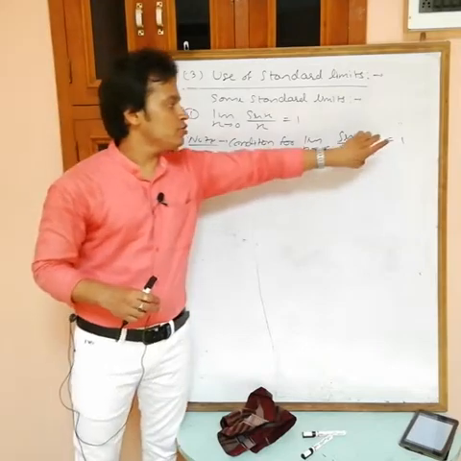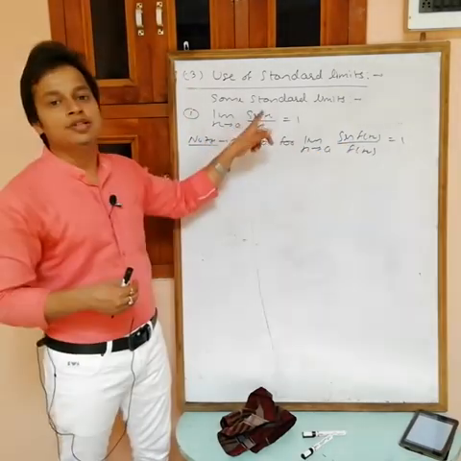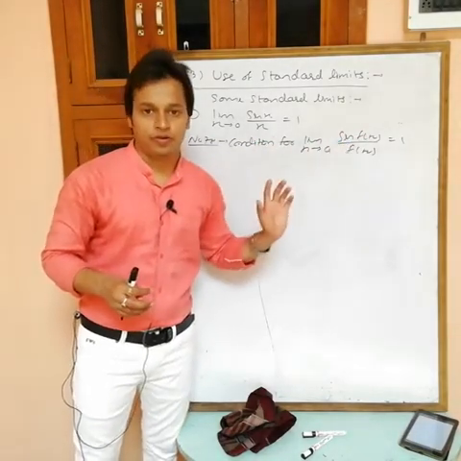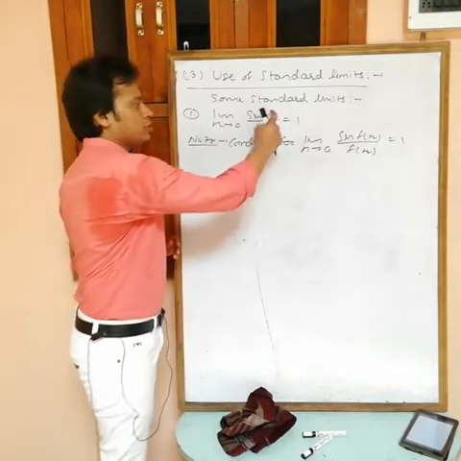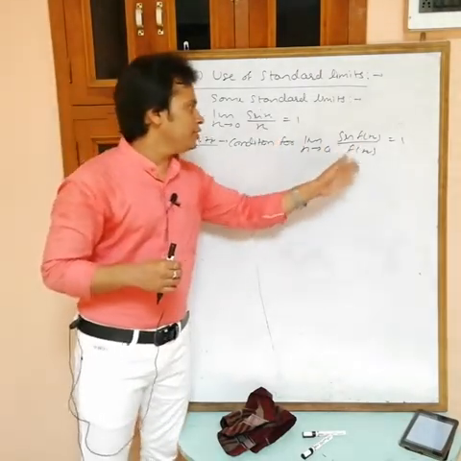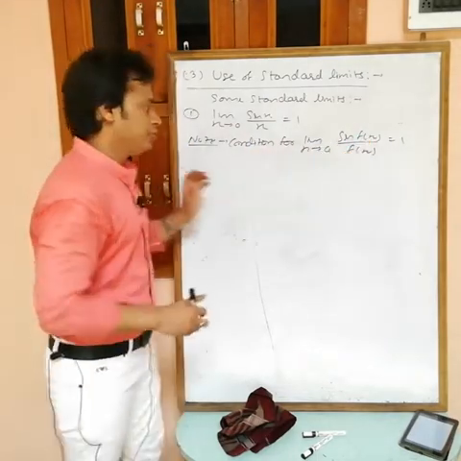Second, if you put the limit, then you must get 0 by 0 form. So at x tending to a, this must be 0 by 0 form.